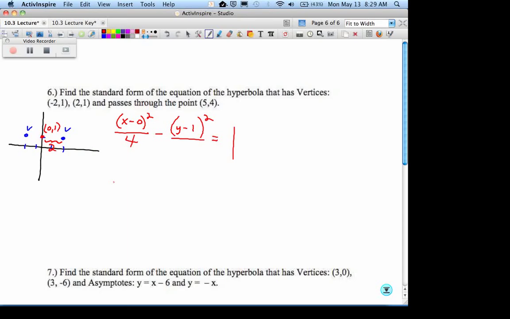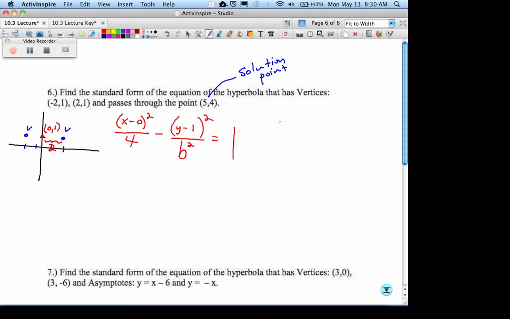So now the thing that I'm missing is my b squared. How are we going to find b squared? They're giving us a solution point.